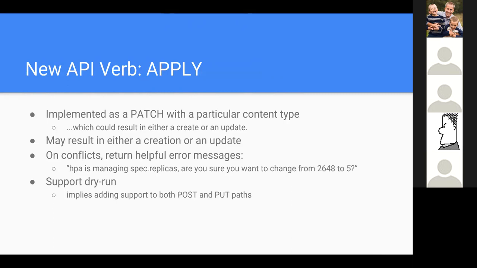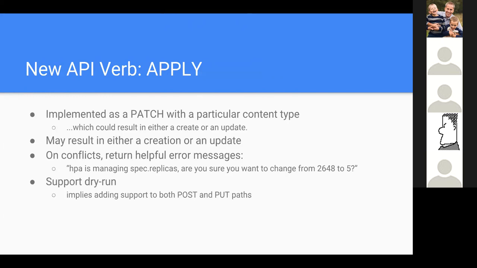This is kind of a change from our existing patch path. I think our puts can sometimes result in the creation of objects. We have a long-standing issue that we intended it to, but it's definitely not consistent. There's an option in the strategy that says allow create on put or not.